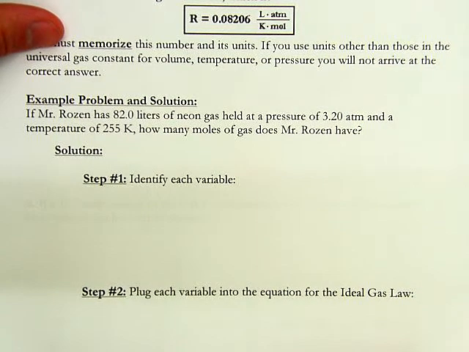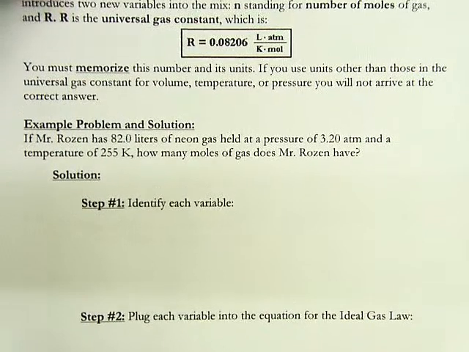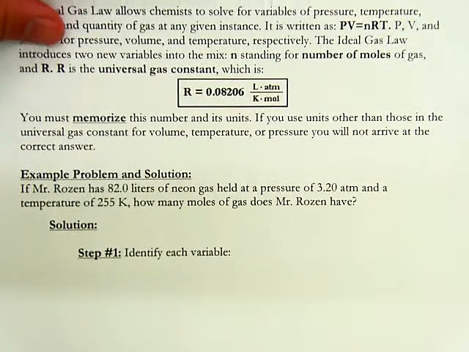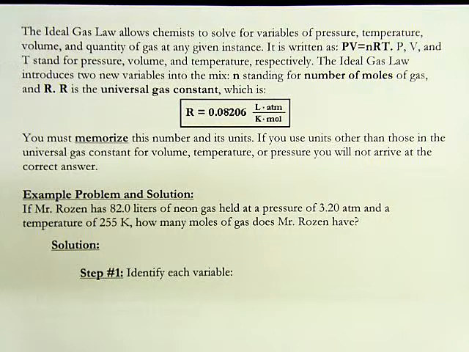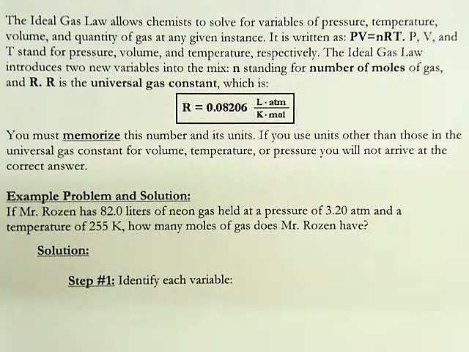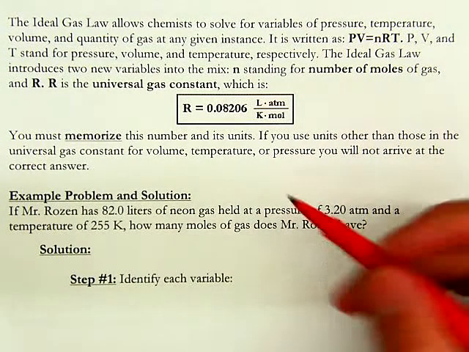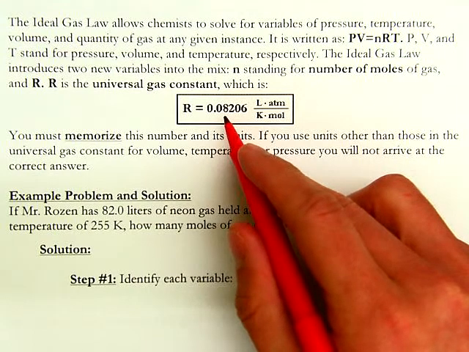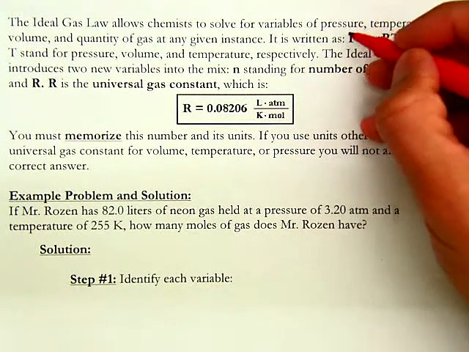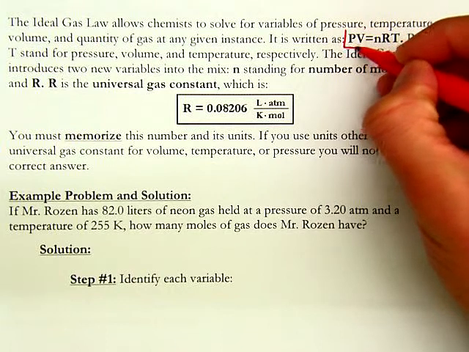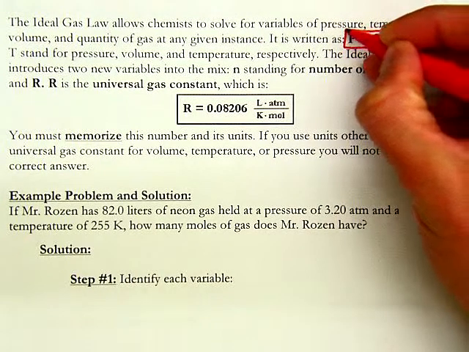The ideal gas law not only allows you to solve for pressure, volume, and temperature, but it also introduces two variables which we haven't used before. One's actually not a variable, one's a constant, R. The ideal gas law here is written as PV equals nRT.